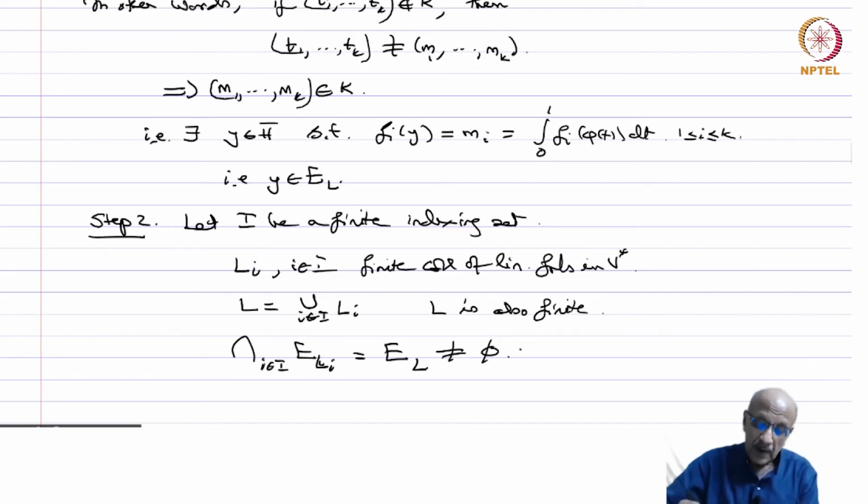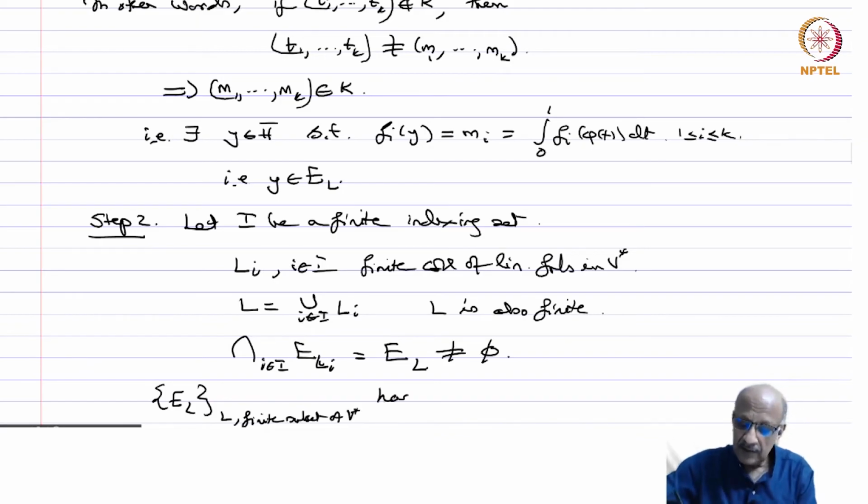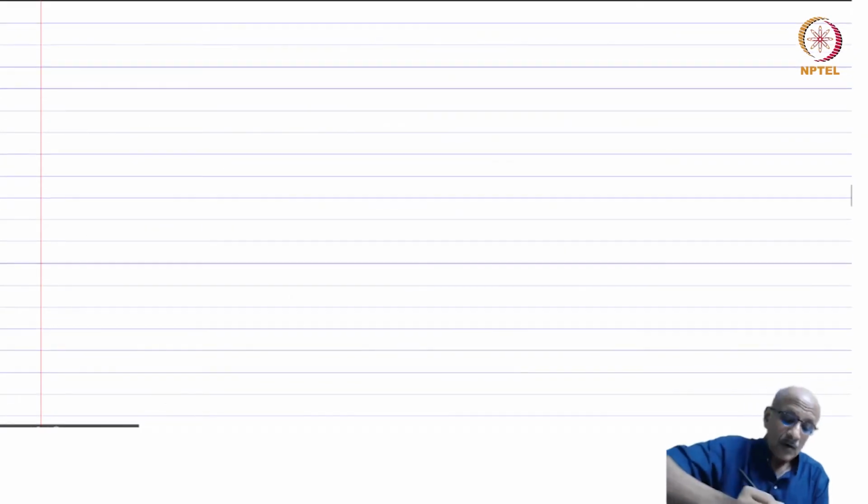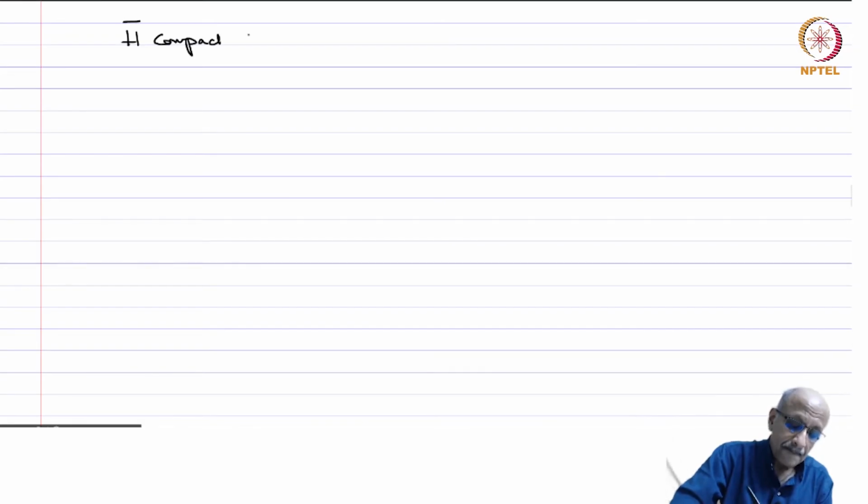Okay, so this is obvious and therefore this is not empty by step 1. Therefore, we have shown that this family EL, L finite subset of V star, has the finite intersection property. What does it mean? But H bar is compact, which implies the intersection over all L, L finite subset of V star, of EL is non-empty.